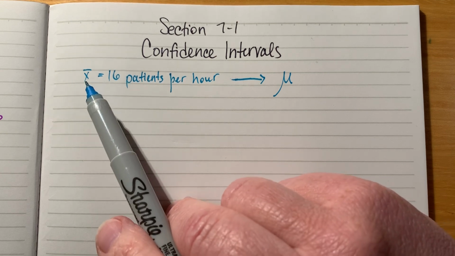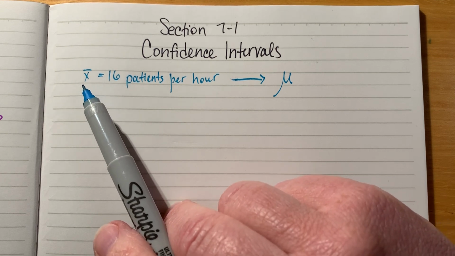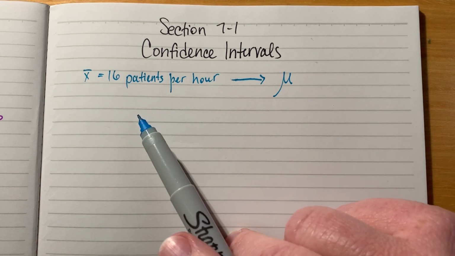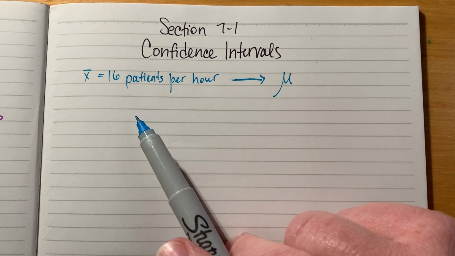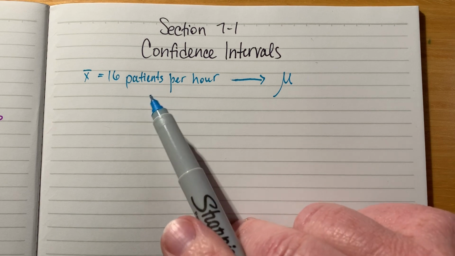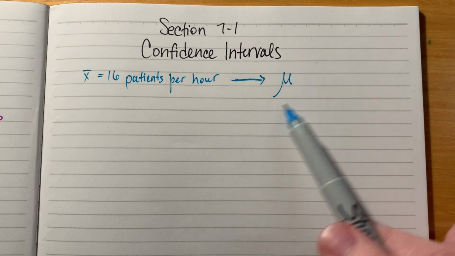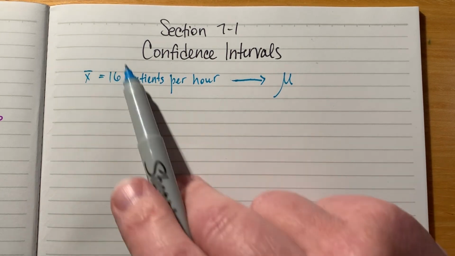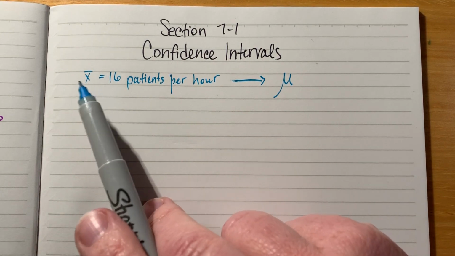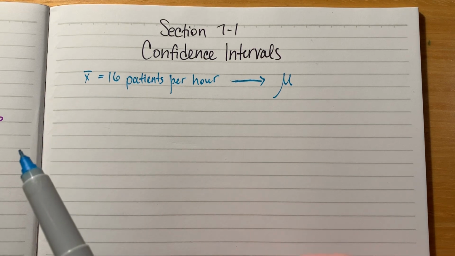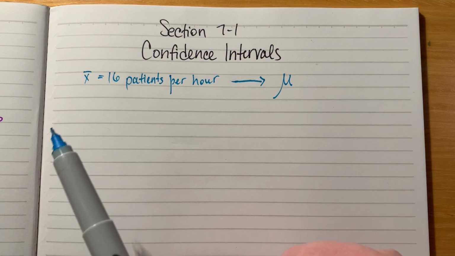But if it didn't come from a normal distribution, if you start looking at sample sizes more than 30, you know that it will, by the central limit theorem, be a normal distribution. So I would like to estimate my parameter, and I'm going to use my statistic over here, something that I got from a sample. Let's get some more information about our sample and see how we can do that, okay?